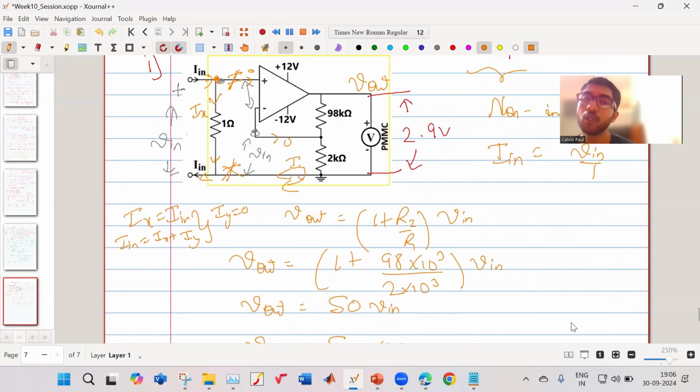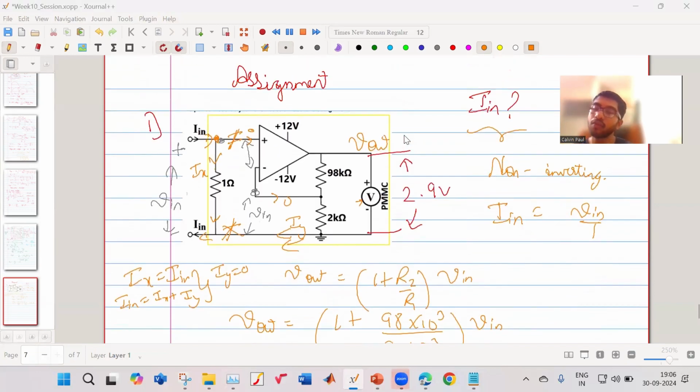Then another thing I'd like to know, what is this circuit actually doing? It is used to measure current. And what instrument is it using for measurement? It is using a PMMC. And is that PMMC an ammeter or a voltmeter? It is a voltmeter. But through this circuit, we are measuring current using a voltmeter.